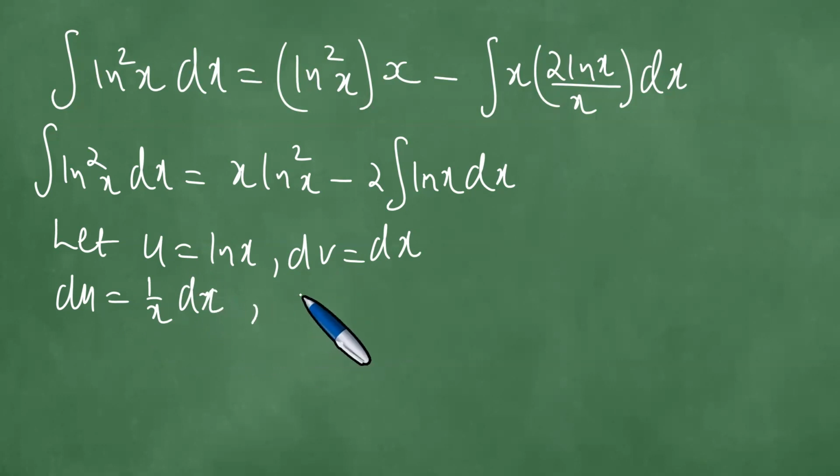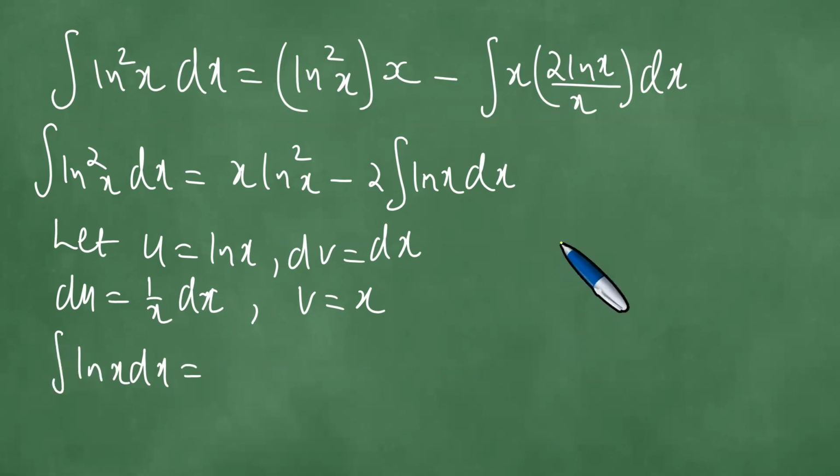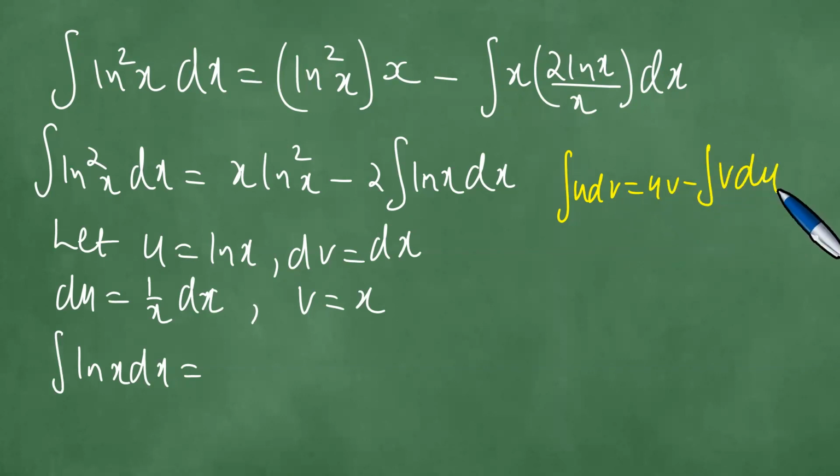If dv is dx, then you integrate dx and get x. This relates to our integration by parts formula: u dv is uv minus the integral of v du.